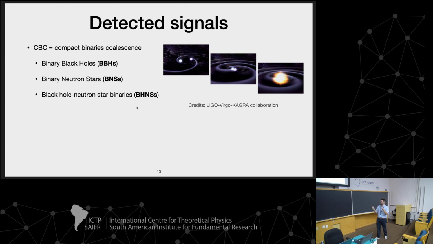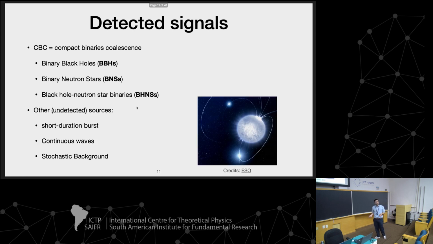So what happens, you have the two compact objects in the binary system. As time goes on, you have emission of gravitational waves, and then they finally merge. So this is what actually happens in a CBC, a compact binary coalescence. But we have other sources producing gravitational waves, so far undetected.